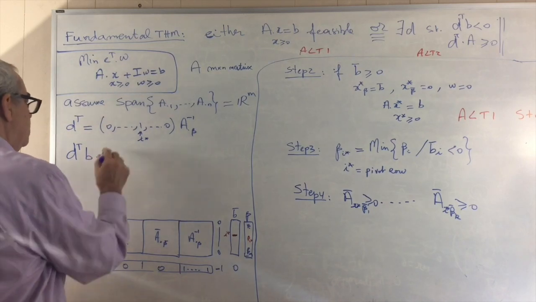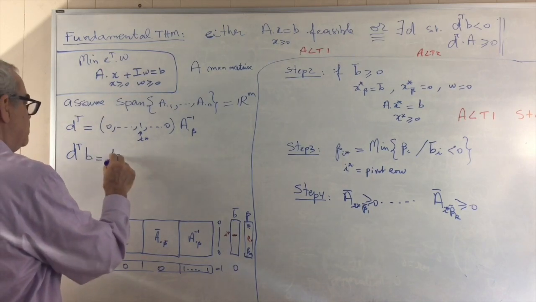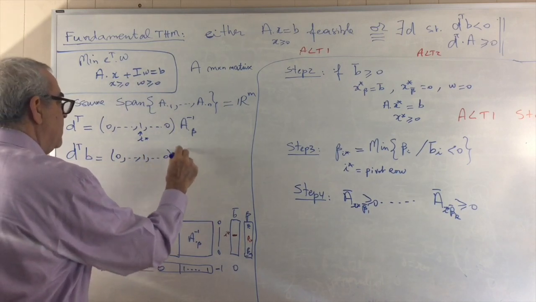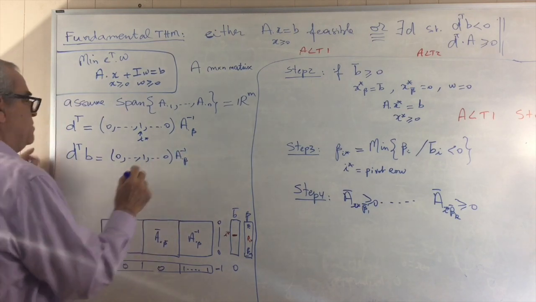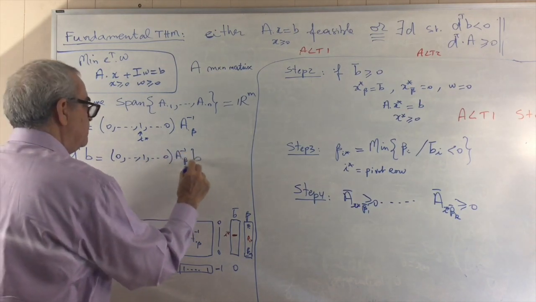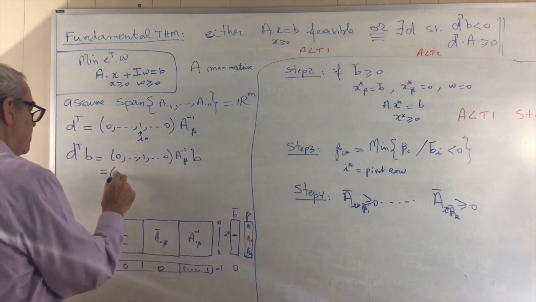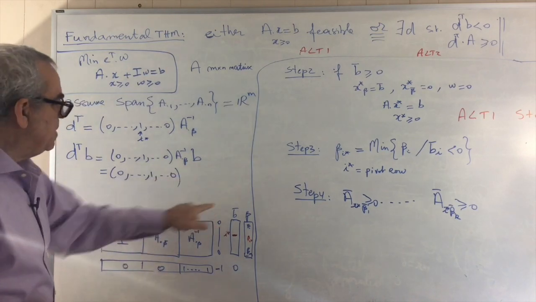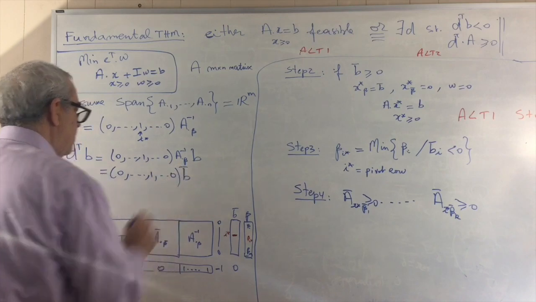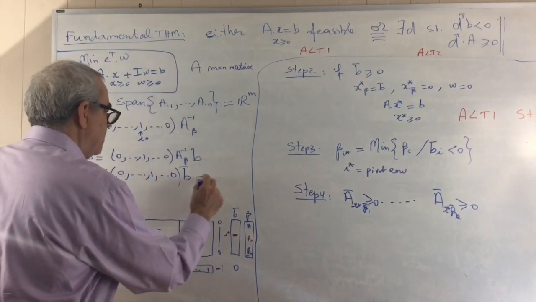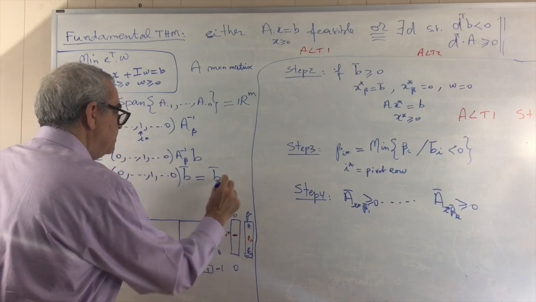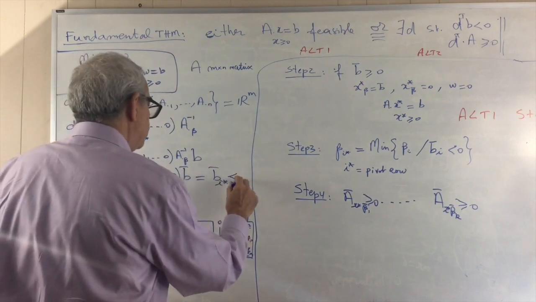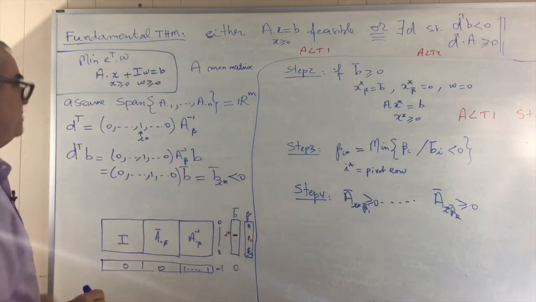That's D transpose times B, which is equal to 0, 1, 0 times A dot beta minus 1 B, that's B bar. And this times B bar is just B bar I star. And B bar I star is negative. That's our choice. So D transpose B is negative.